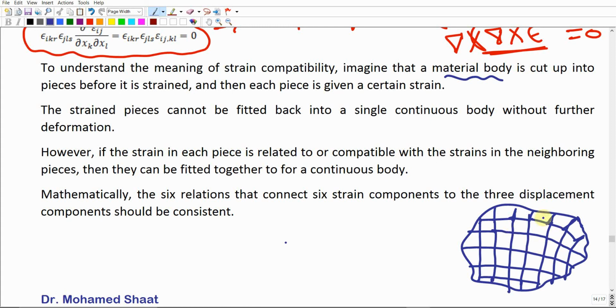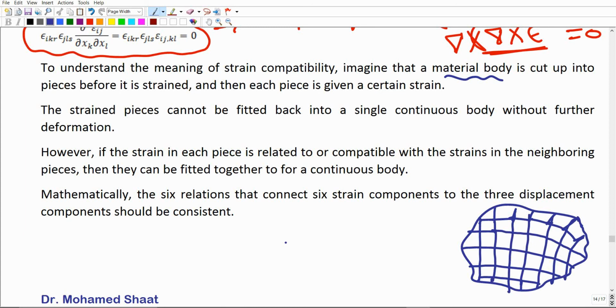So all of these elements, all of these boxes or squares, are going to be strained, but with different fields, because the strain is a field. It means that it changes from one point to another. Within this element, the strain is different than in this element, different than this element, and so on. Make sense? So assume that we do have this case. And let us say that we decided, for some reason, to give a strain to each one of these elements separately.